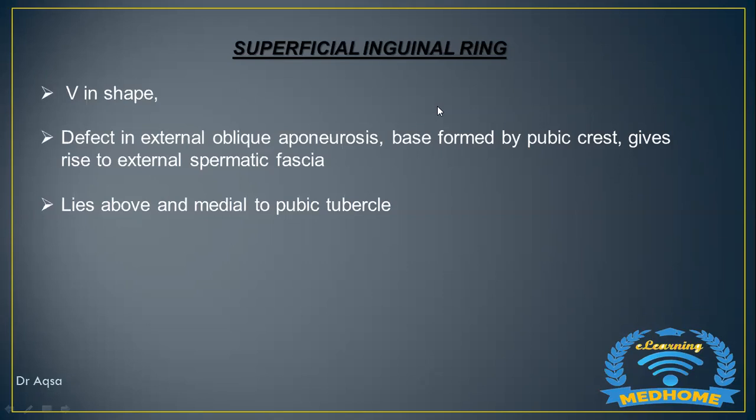The deep inguinal ring mainly lies at the midpoint of the inguinal ligament, or between the anterior superior iliac spine and the pubic symphysis. And the deep inguinal ring mainly gives rise to the internal spermatic fascia, or the internal covering of the round ligament of the uterus, while the superficial inguinal ring gives rise to the external spermatic fascia.